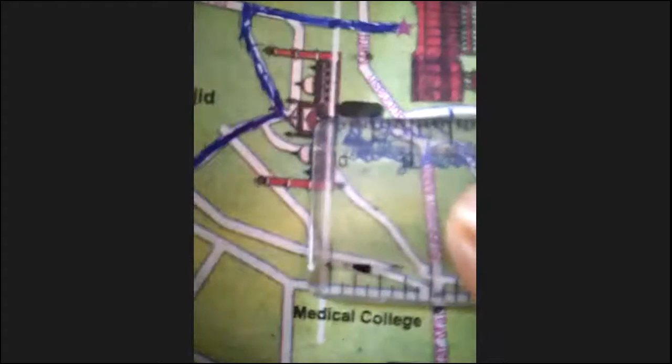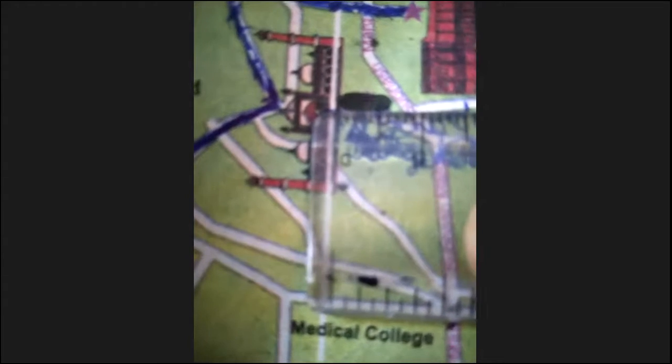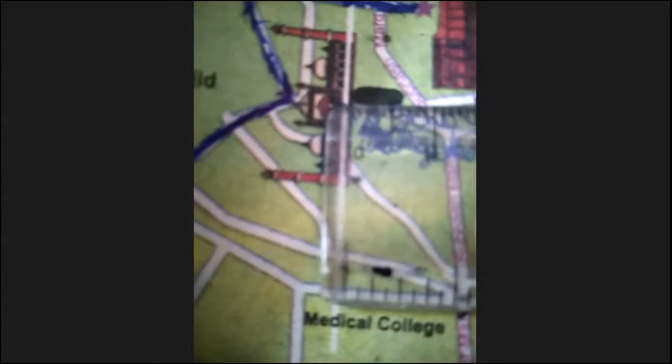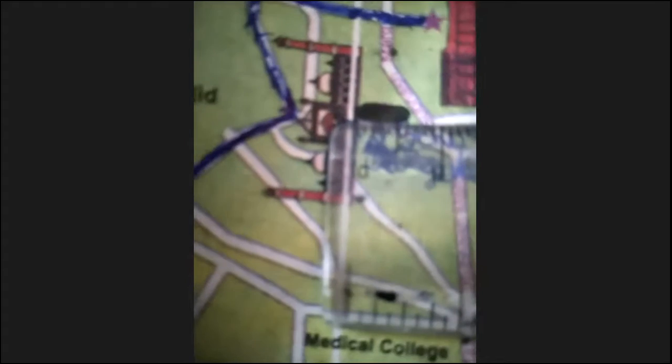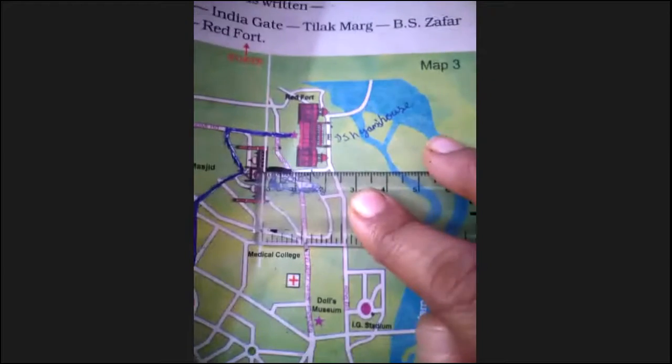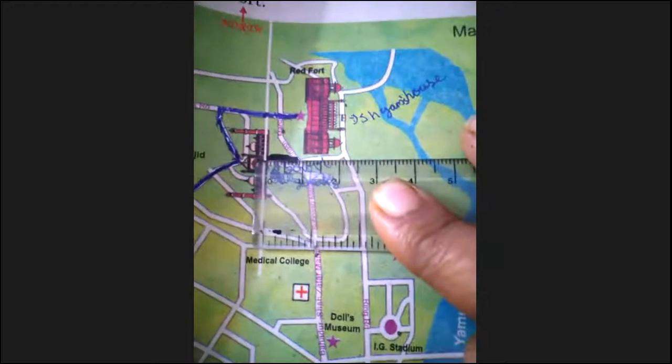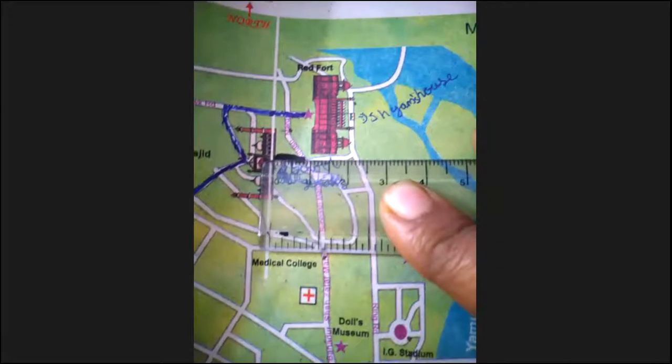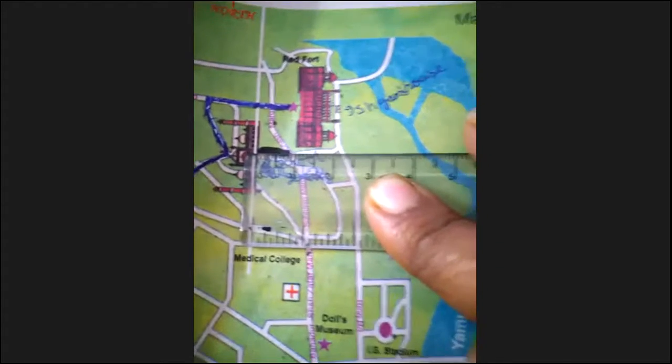Because of the sketch, it was a problem. See here properly, it is 1 centimeter, from 0 to 1, up to Subhash Marg to join the parade.